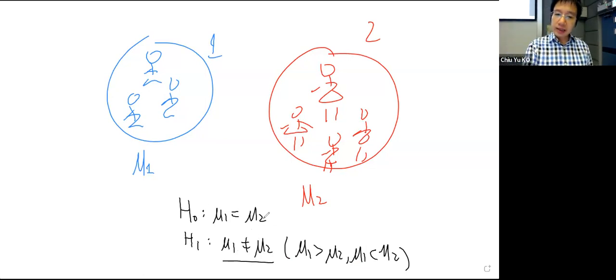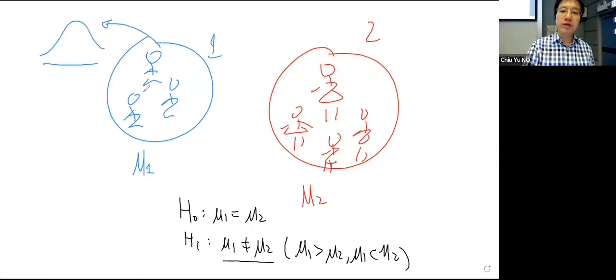And the idea is that we assume that the underlying distribution is a bell curve, how much to pay, the underlying is a bell. And then what we actually do is collect some data here.